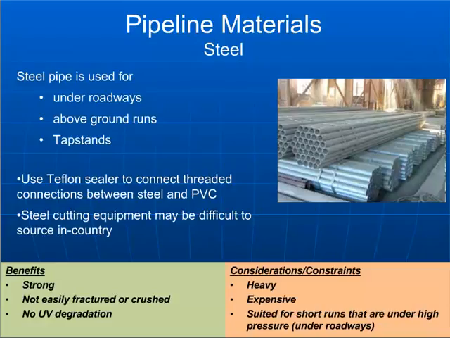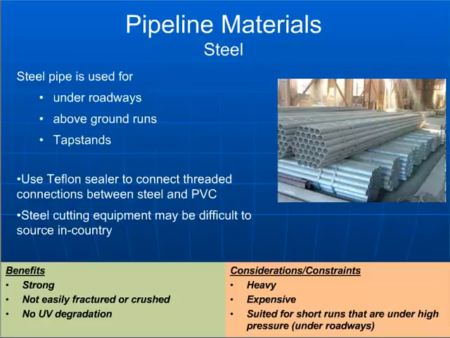As far as pipeline materials go, there are a lot of considerations here, and a lot of things depend on where your community is and what might be available locally. But in general, we're going to be talking about either steel pipe or some kind of plastic pipe.